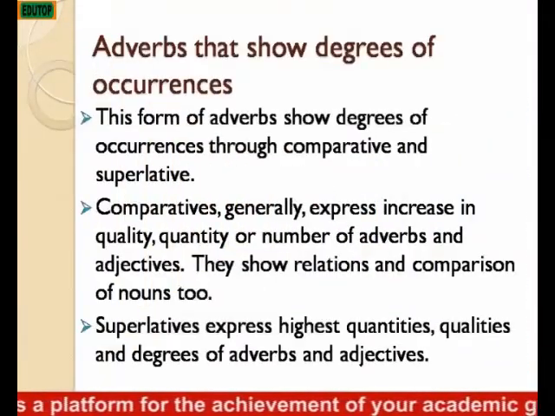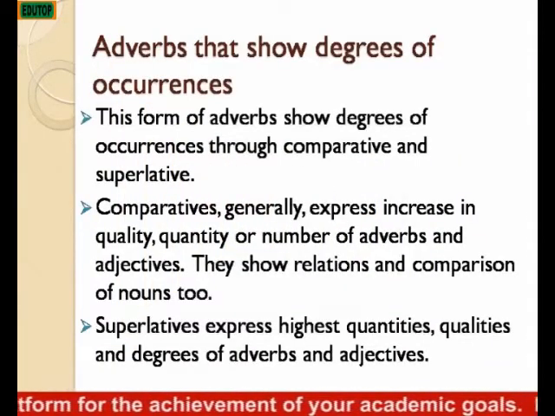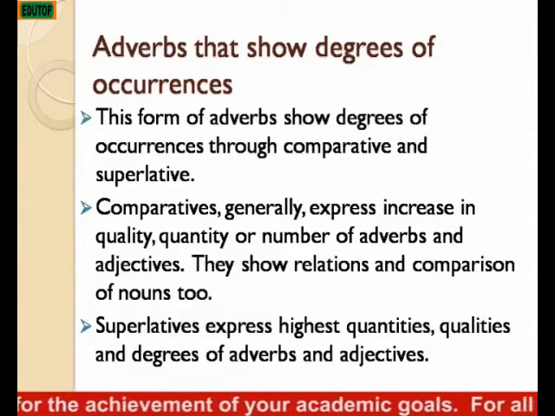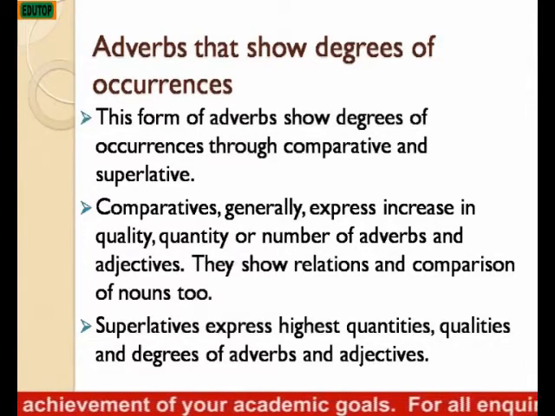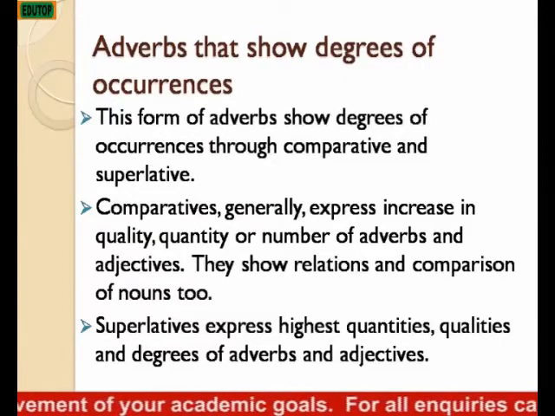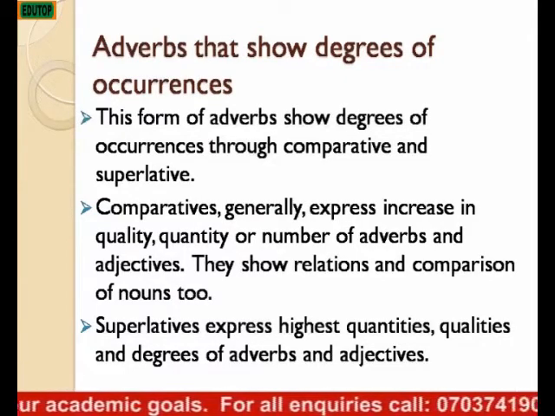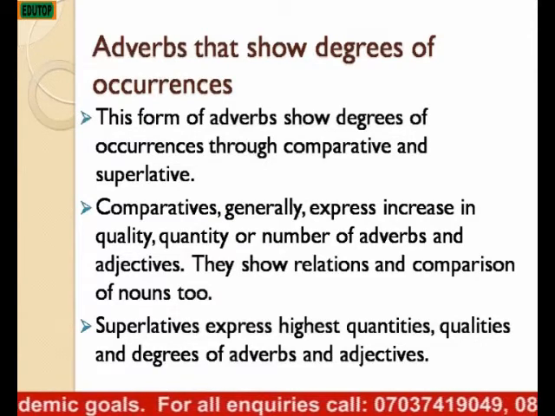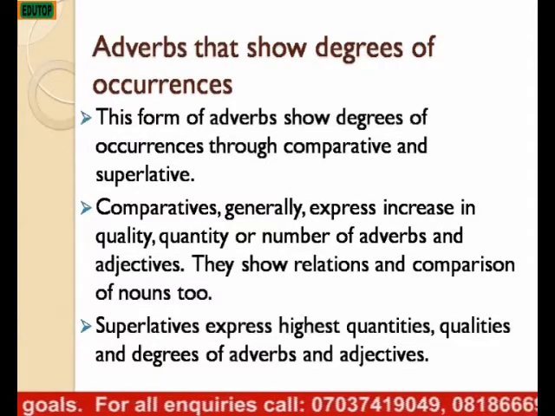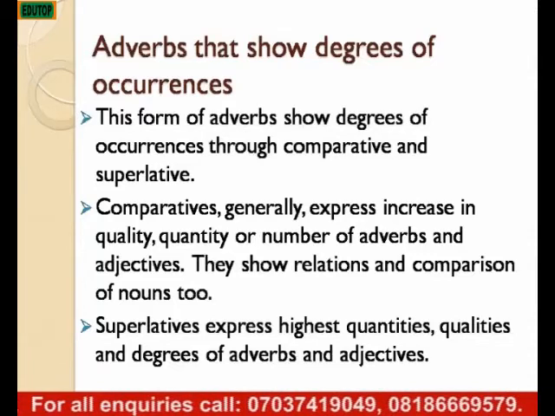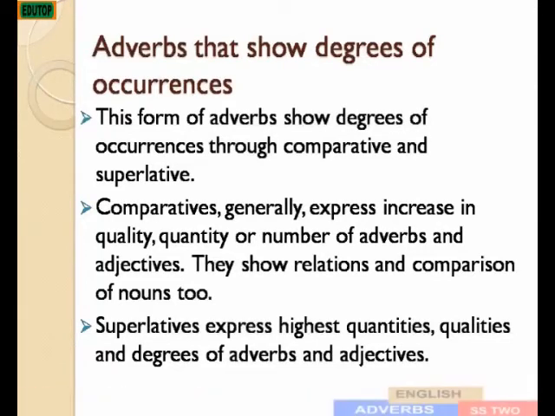Adverbs that show degrees of occurrences. Some adverbs show degree of occurrences. Some adverbs show how frequent occurrences are, or the number of occurrences, or the quantity of occurrences through comparative and superlative.